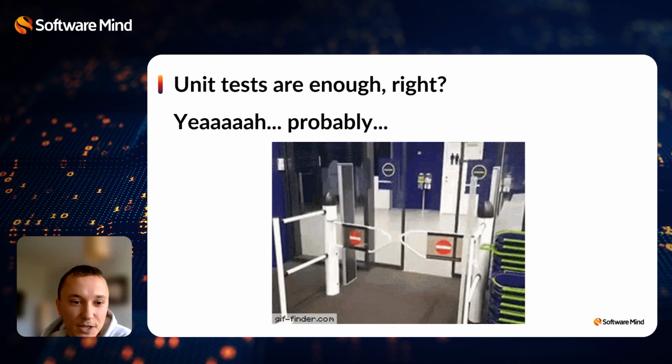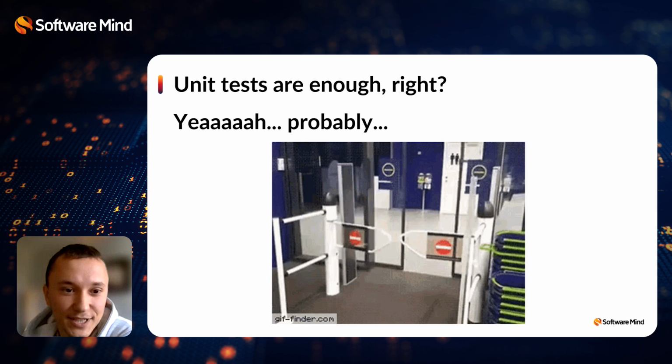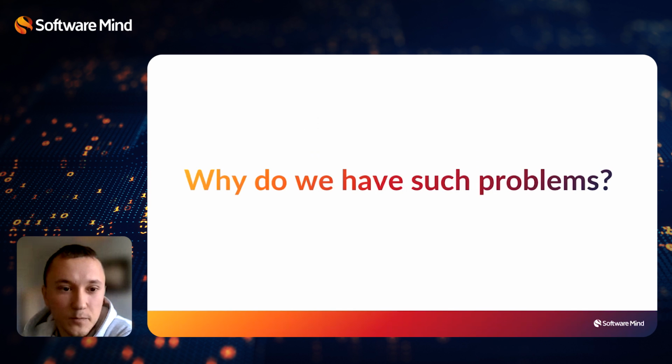When the gate is closing, the doors are opening. So something is definitely wrong here. And it happened because in unit tests, we don't cover the interaction between different components or different services.